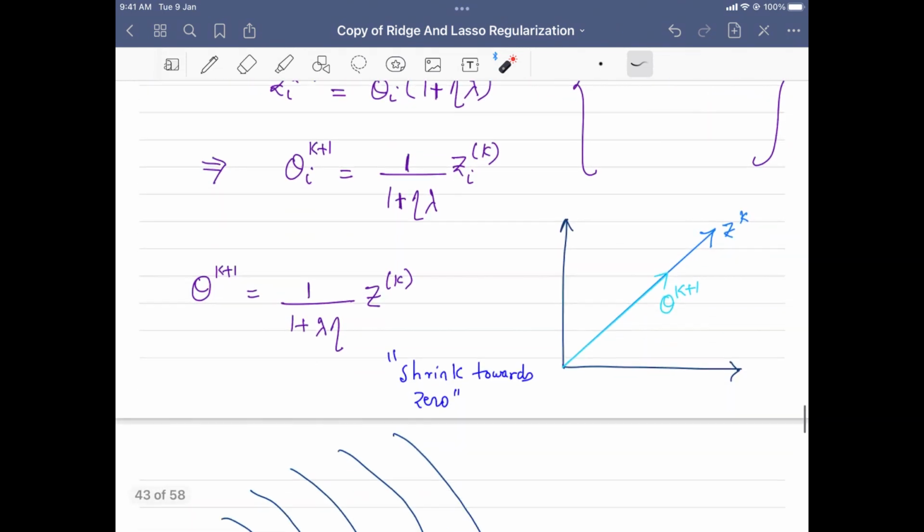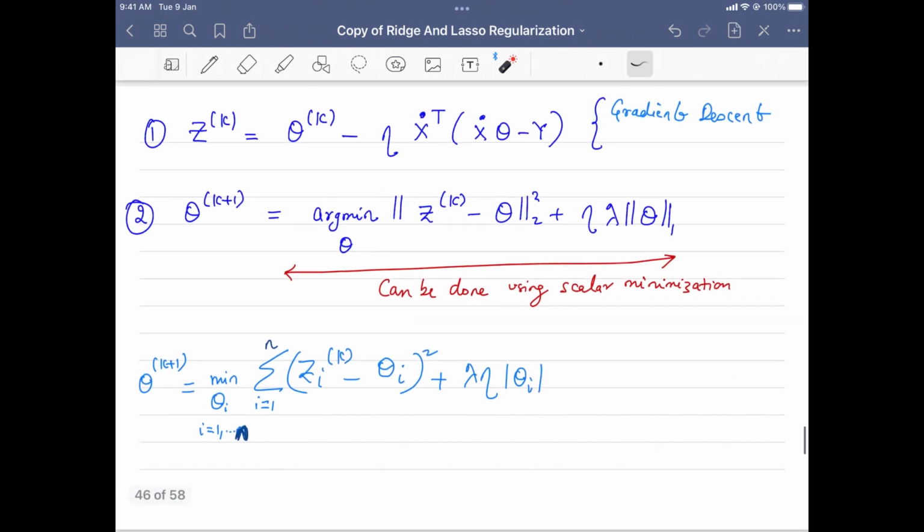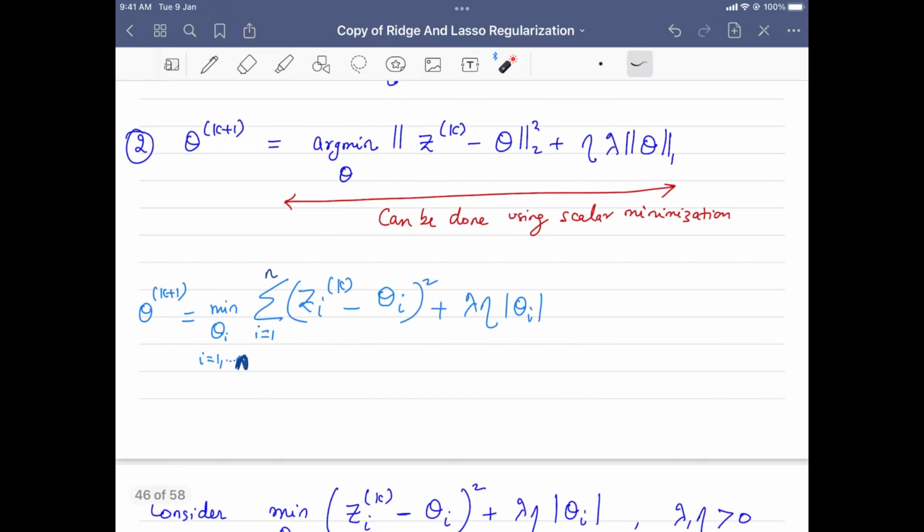Similarly we will do it for L1 regularization, for all the components of z and theta, and you can see the individual component of the regularization is represented by theta i. This is the absolute value of a specific component of the theta vector, and we are summing it from 1 to n. So this is basically your complete optimization strategy.